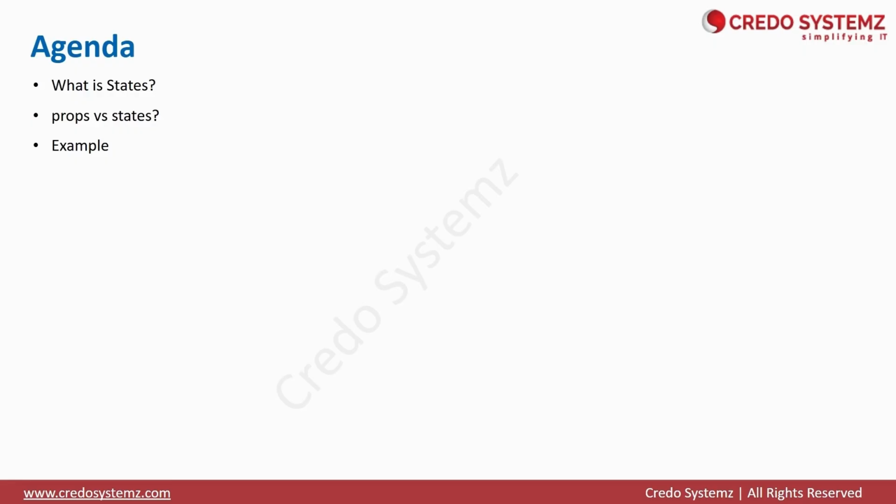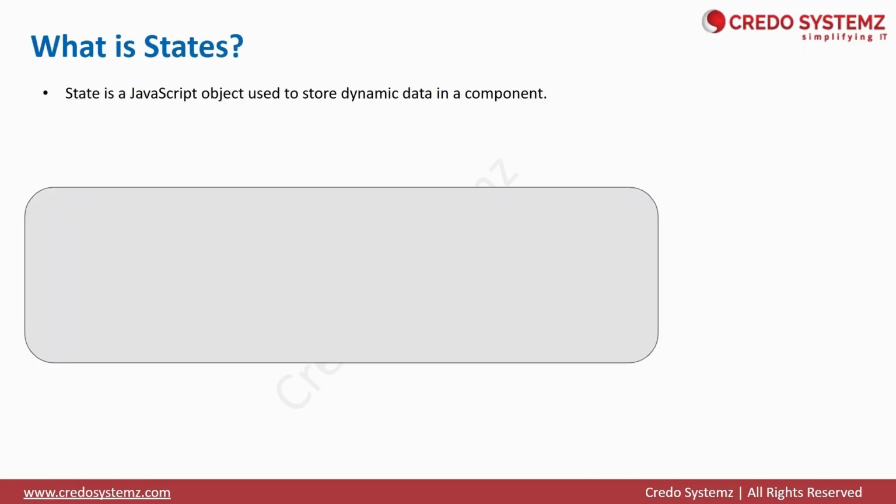Let's get started with what is state. State is nothing but a JavaScript object that is dynamic, that is accessed within the component. That's what the state is. You can simply think that state is nothing but an object that helps you maintain the current state of the component within that component.